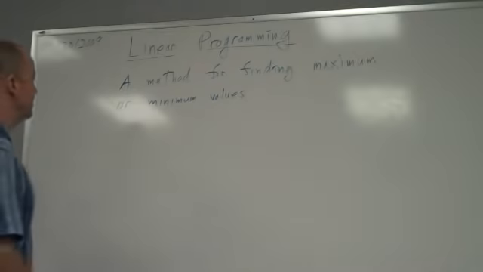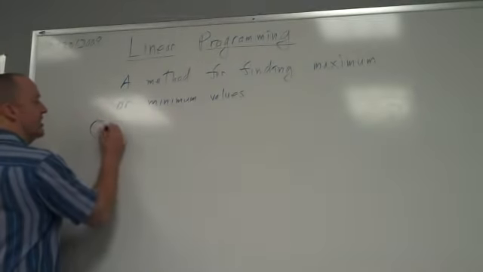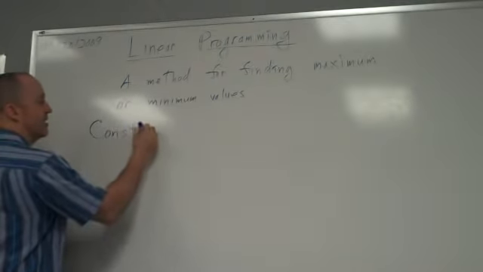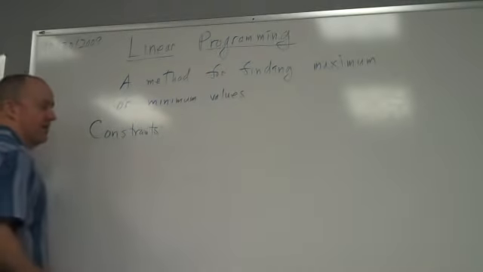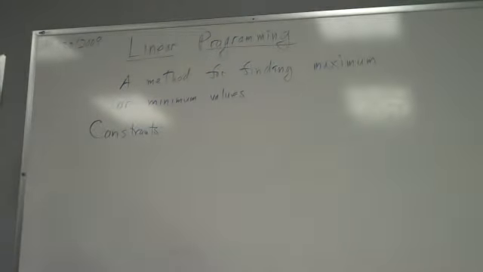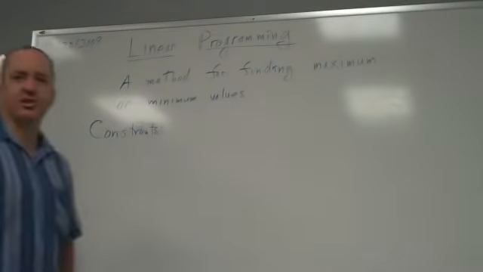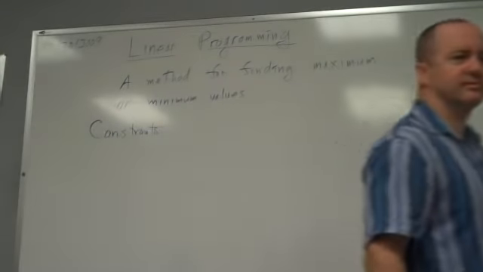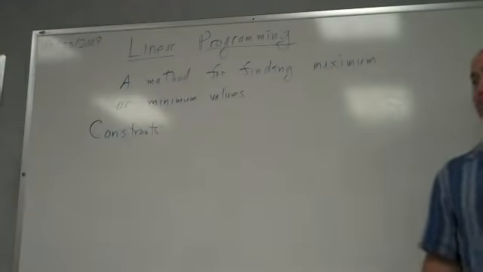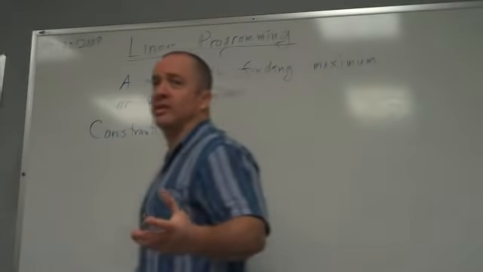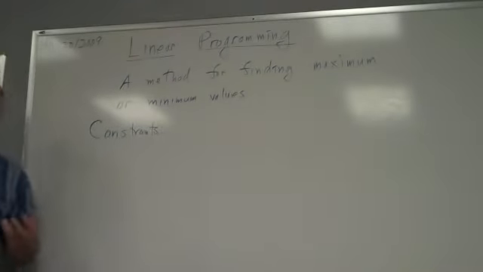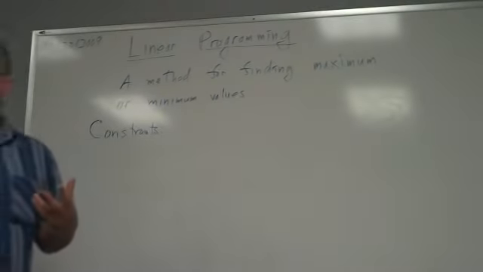One is constraints. What does the word constraint mean in English? Is that like a hold? It's like a hold, you said? Yeah, that's a great word. A constraint is like a hold. It's something that holds you back. Anything else? Against?